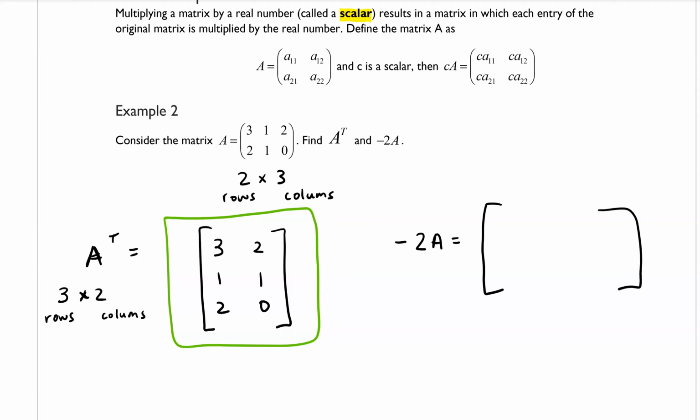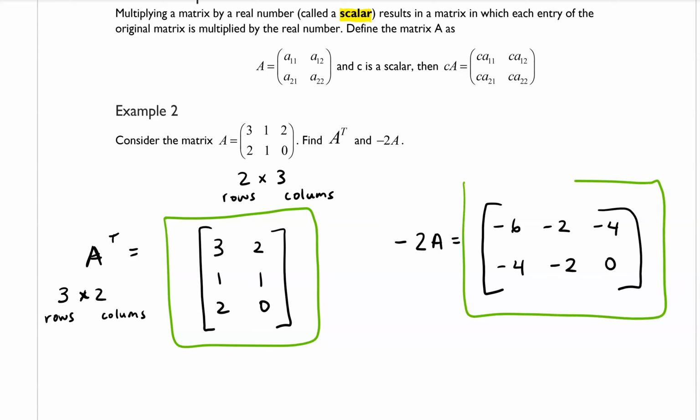So if we multiply every entry by -2, that will give us -6, -2, -4, -4, -2, and 0. So that will be our resulting matrix there.